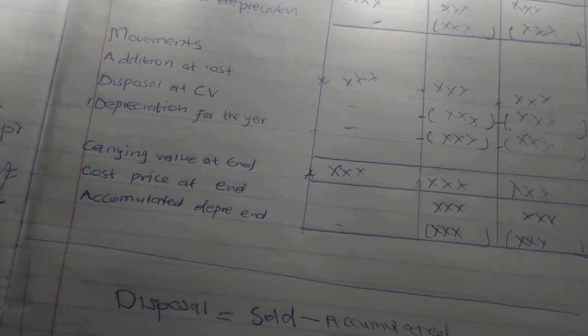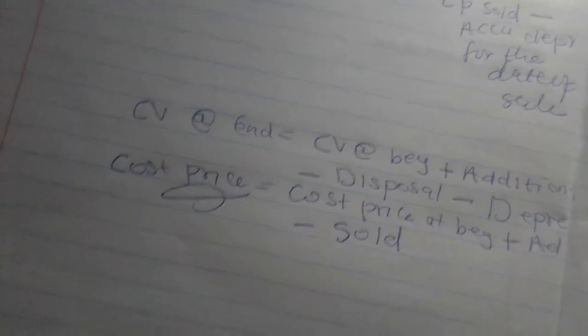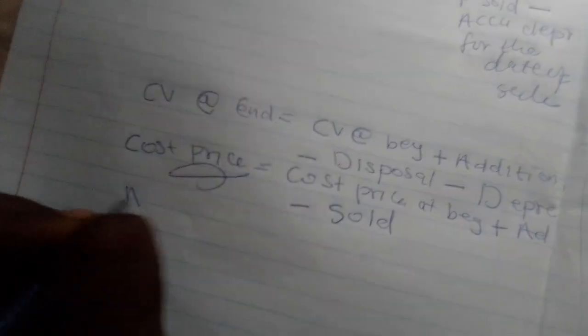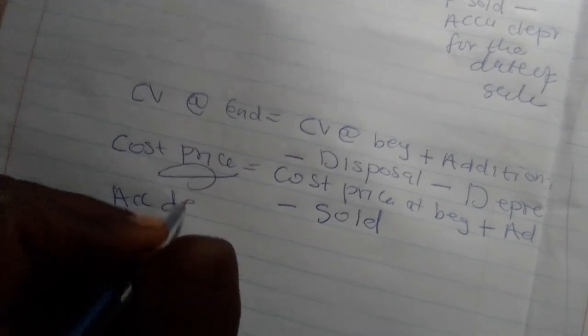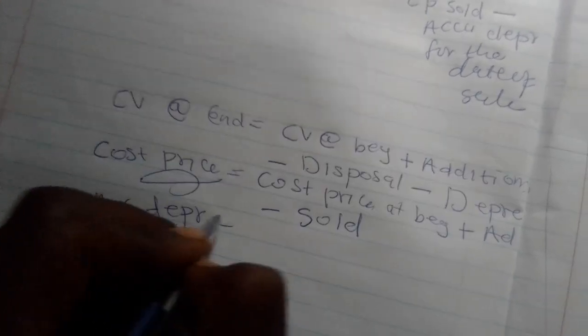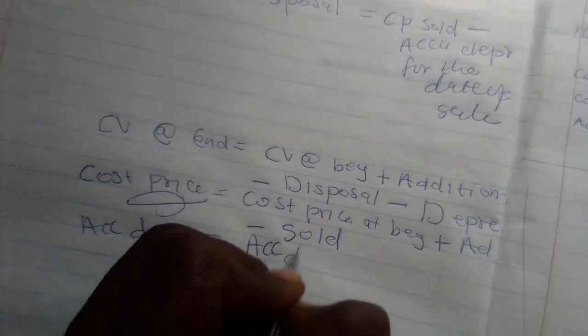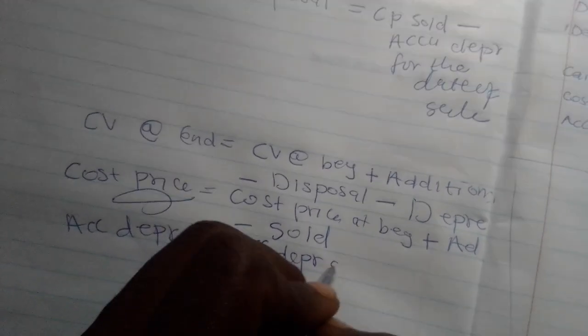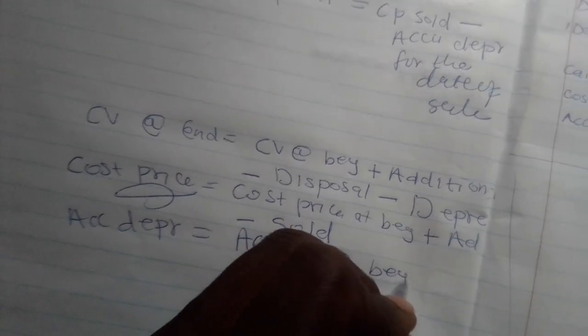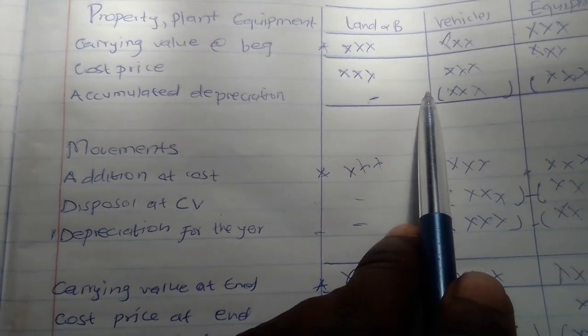Then as for accumulated depreciation, in order for you to get accumulated depreciation at the end, you're going to take accumulated depreciation at the beginning.